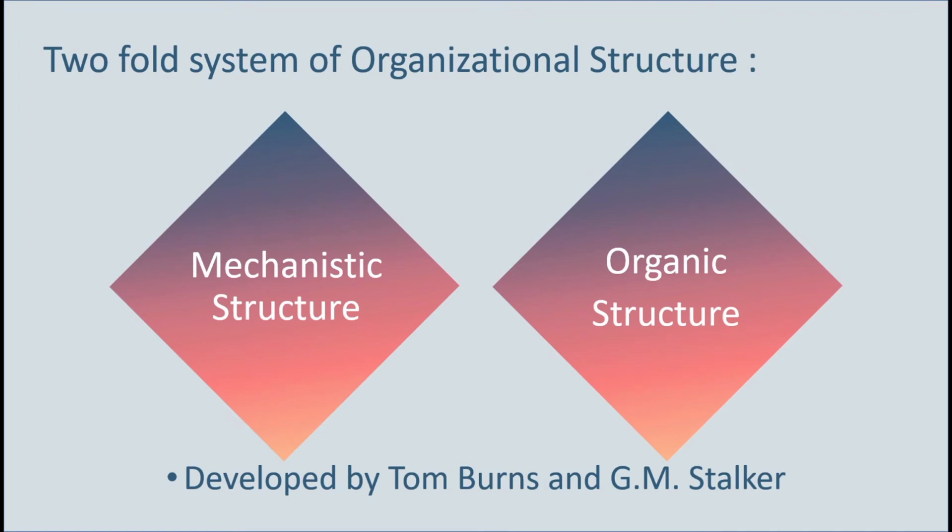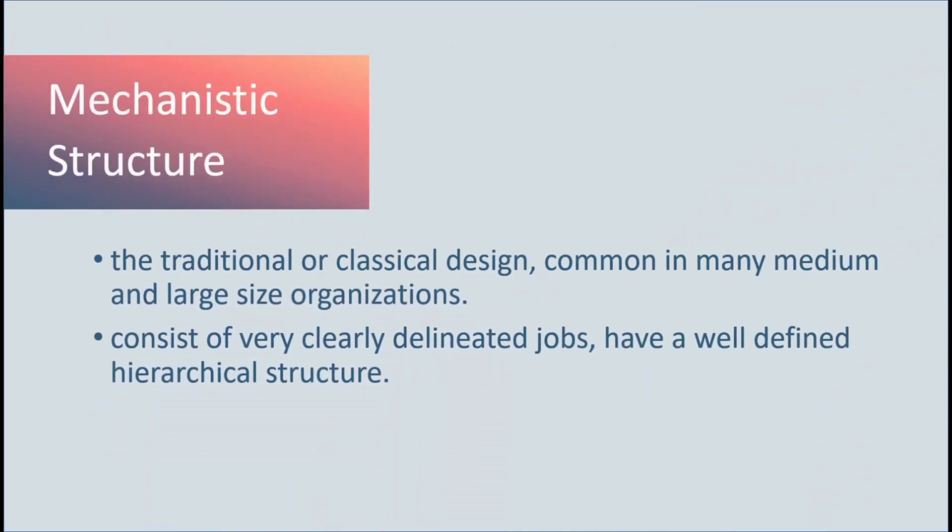Here is the twofold system of organizational structure: the mechanistic structure and the organic structure that was developed by Tom Burns and G.M. Stalker. When we say mechanistic structure, it is the traditional or classical design that is common in many medium and large organizations.